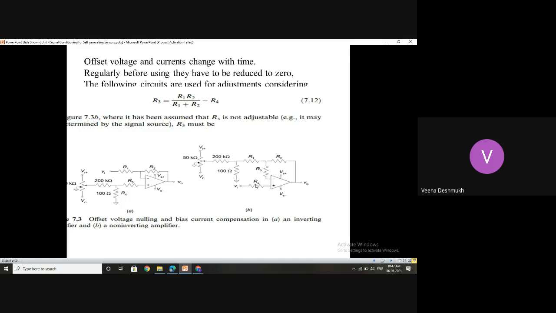But the effect can be nullified by adding this source resistance to the input resistance, and accordingly the other parallel resistive network can be designed to nullify the effect of this source resistance. So by doing so, we can reduce the offset voltage. So regularly, before using the op-amp circuits, these networks have to be connected and offset has to be reduced to 0.